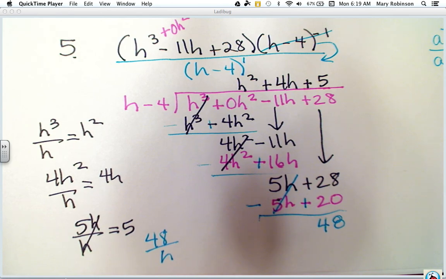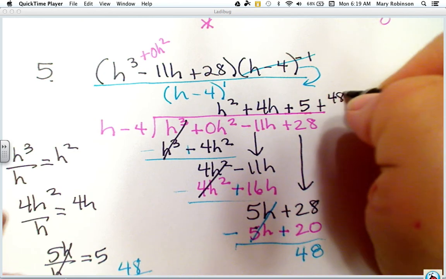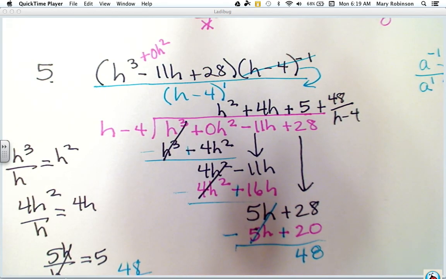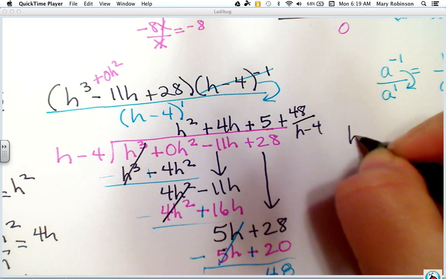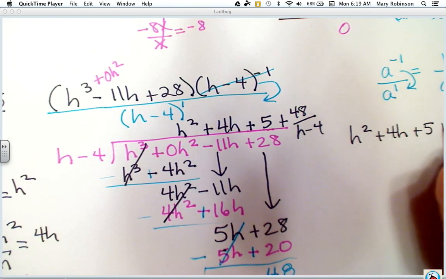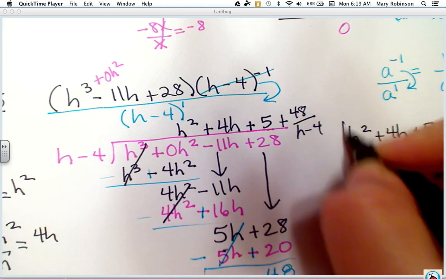So with our remainder, again, we put plus, then our remainder over our divisor, h minus 4. Alright, so we want to write our final quotient here as h squared plus 4h plus 5 plus 48 divided by h minus 4.